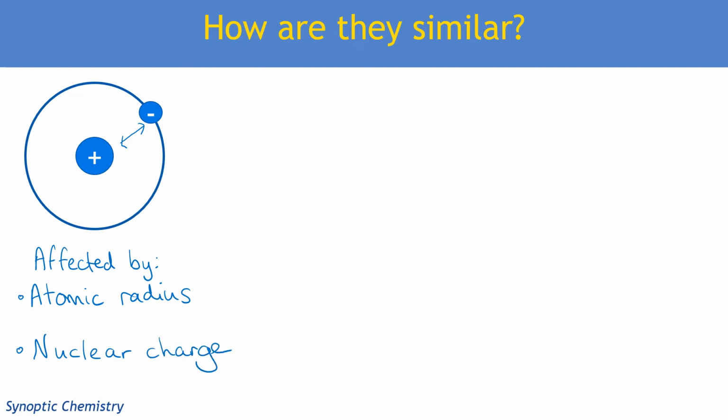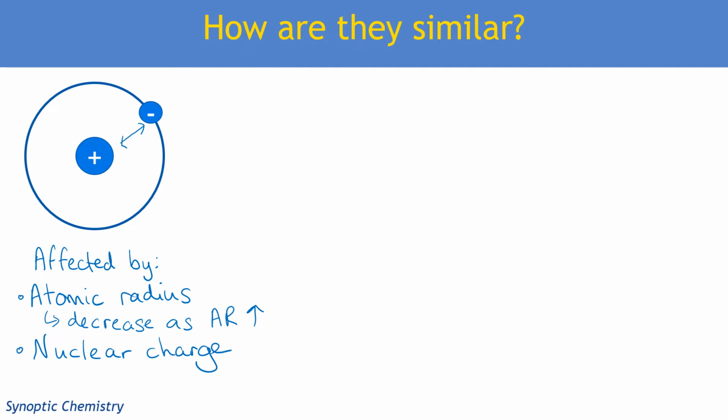So atomic radius is an inverse relationship. So we get a decrease as atomic radius increases. So the bigger that radius is, the lower the ionization energy, and also the lower the electronegativity.